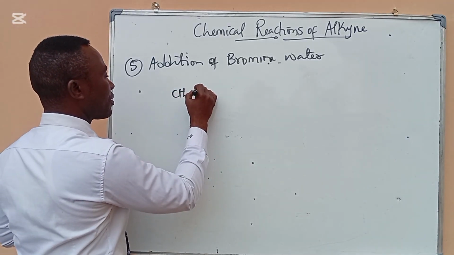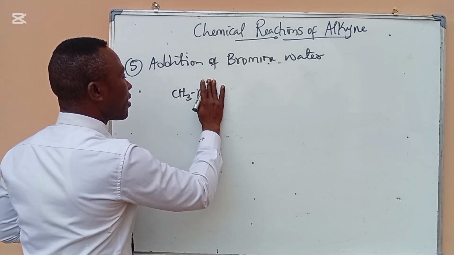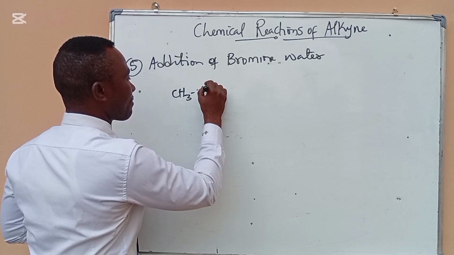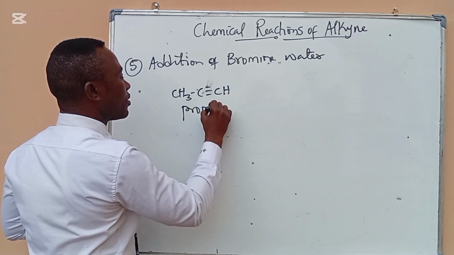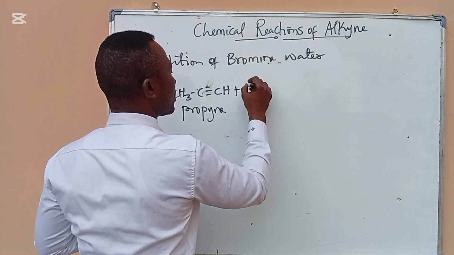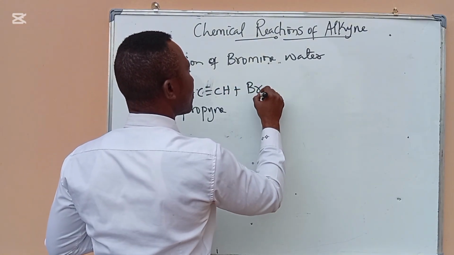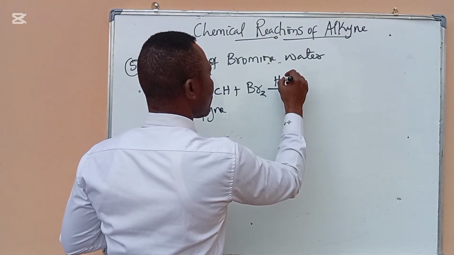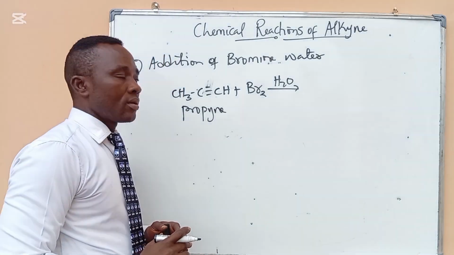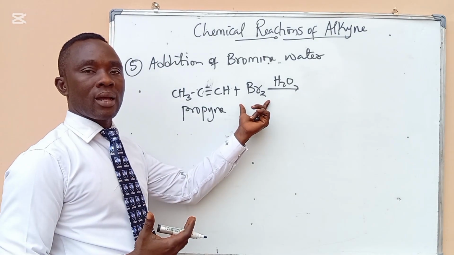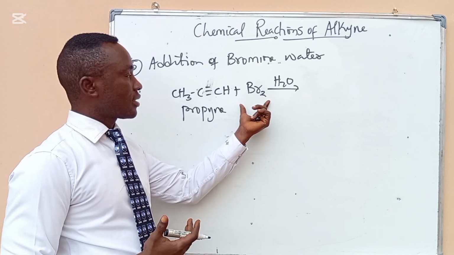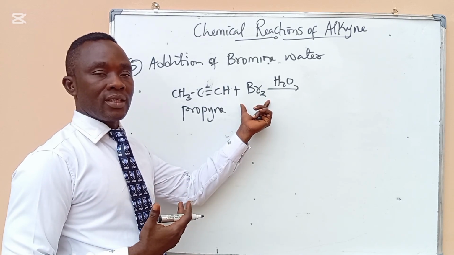Let us use propyne reacting with bromine water. Remember, reacting propyne with bromine water is just like adding hypohalous acid, that is hypobromous acid in this case.